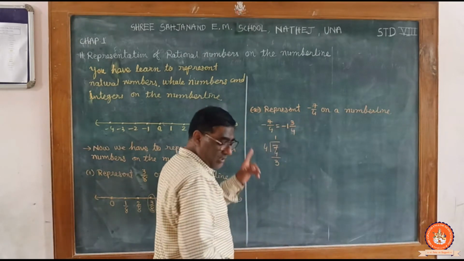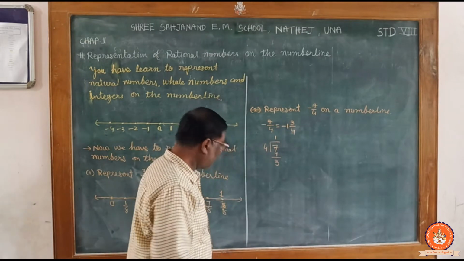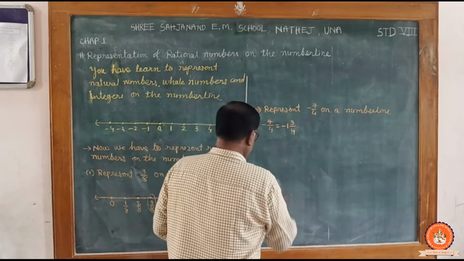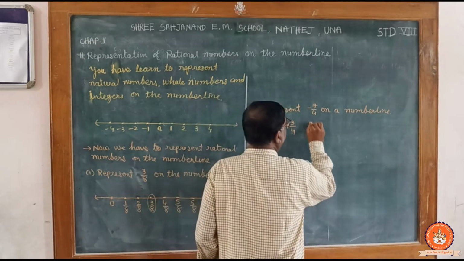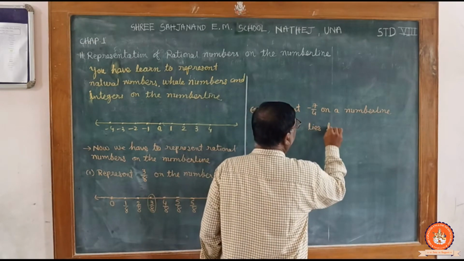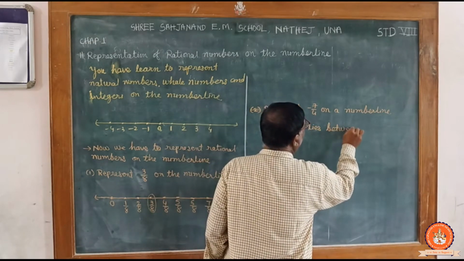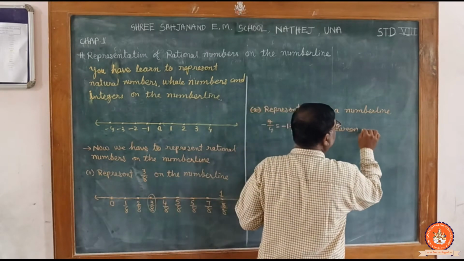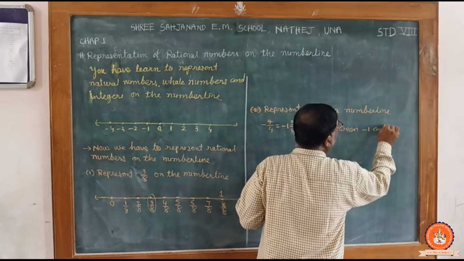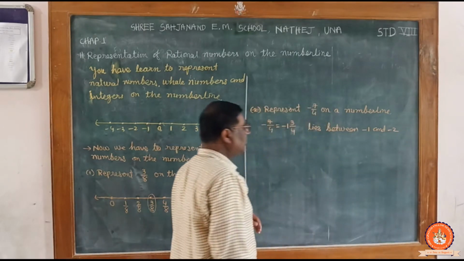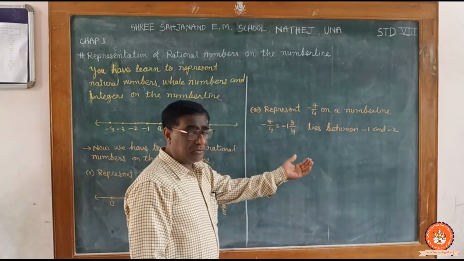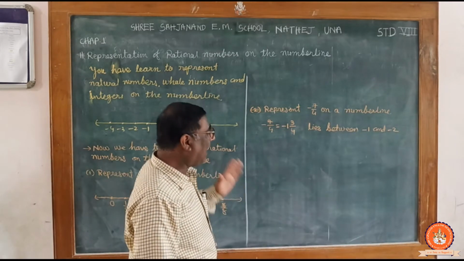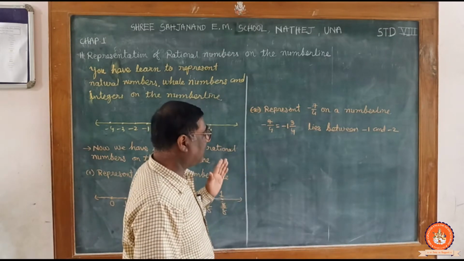Okay, minus 1 whole 3 by 4. So the number lies between minus 1 and the next one, minus 2. Minus 1 and minus 2. So being a negative number, it is to the left hand side of 0 and lies between minus 1 and minus 2.